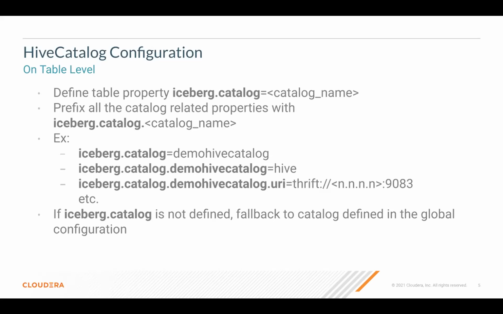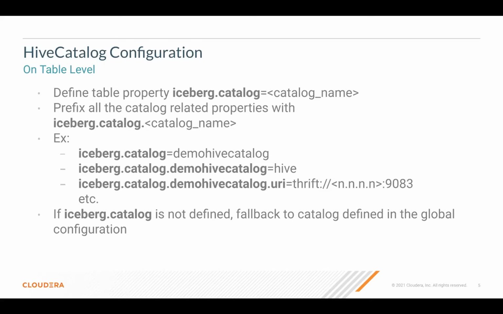Using this prefix, which you can see on the screen, this iceberg.catalog, tells us the catalog name, and every other catalog-related property should be prefixed with this string. So what we see in this example, we have the iceberg.catalog equals demo Hive catalog table property in the table itself when it's created or altered.